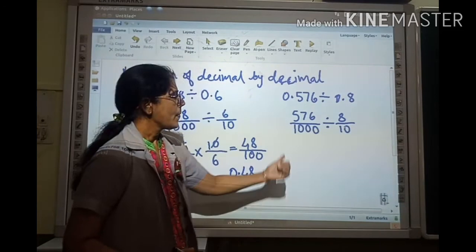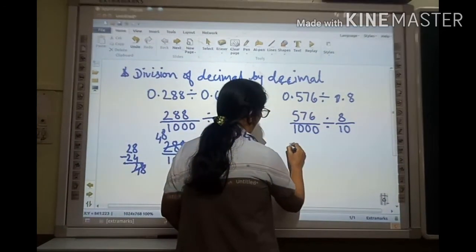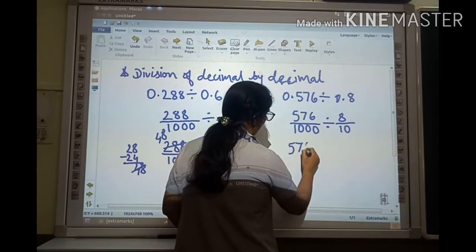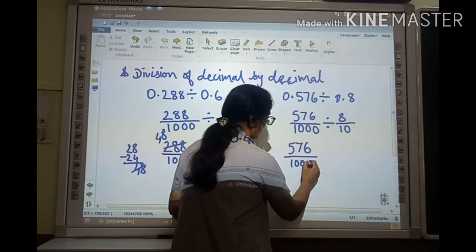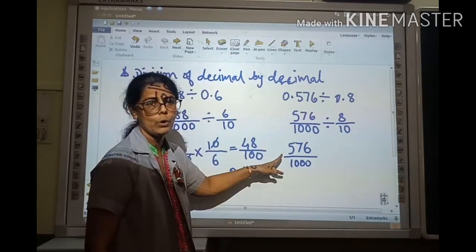Now what do I have to do here? I have to apply the multiplicative inverse property. So first I have to write the first number as it is. See children, don't make the mistake. The first number you don't have to reciprocate.